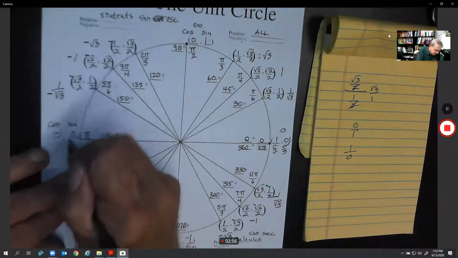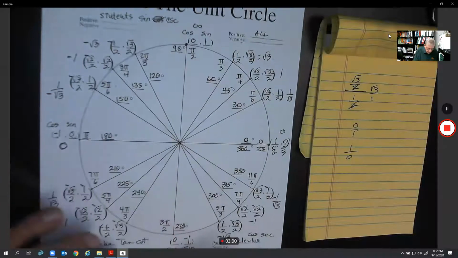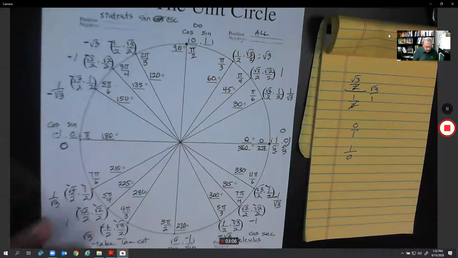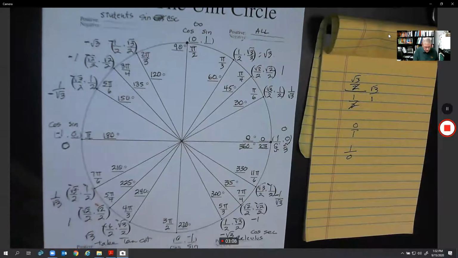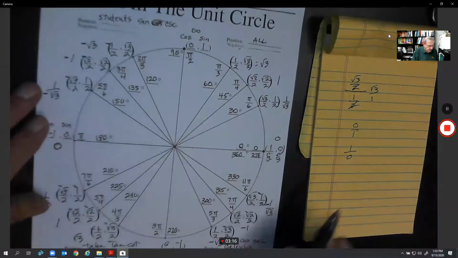That'll give me a 0. And then over here, it's going to be negative 1 divided by 0. So that's going to be infinity. So I even know the tangent of 270 is going to be infinity or undefined, either way. So now I've got all my things. All I got to do is look at it.